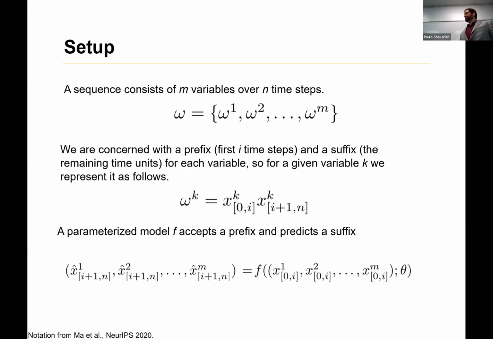Omega is used to represent the entire vector, and X superscript K, subscript the time period, is a way to specify the time and the position of part of that vector. So the difference between the two is X is subscriptable by time as well.